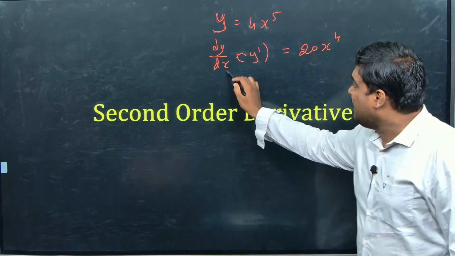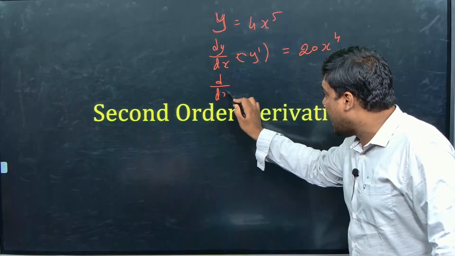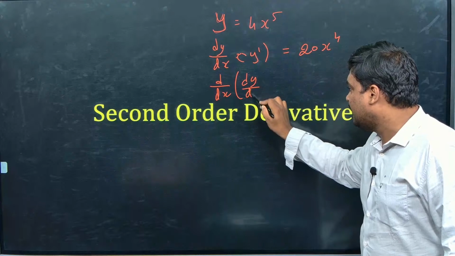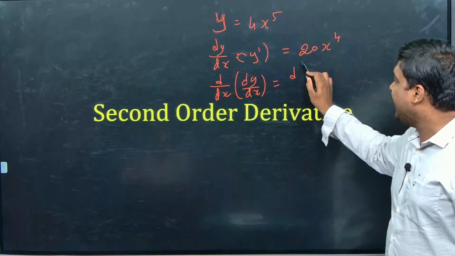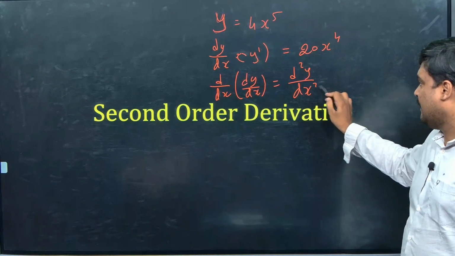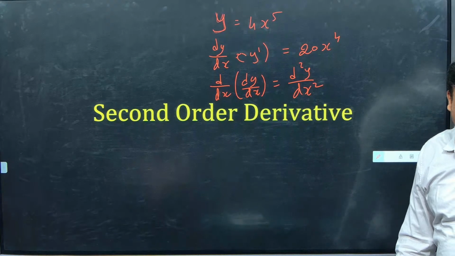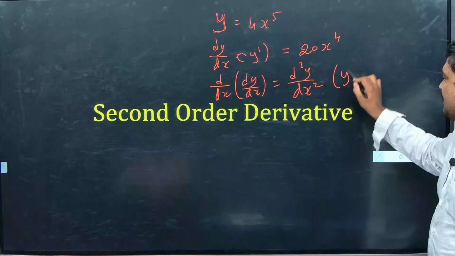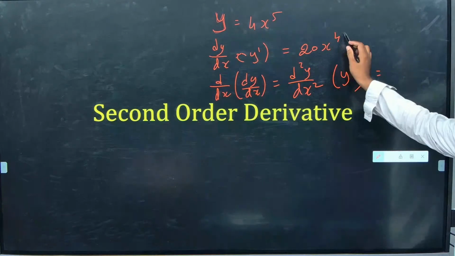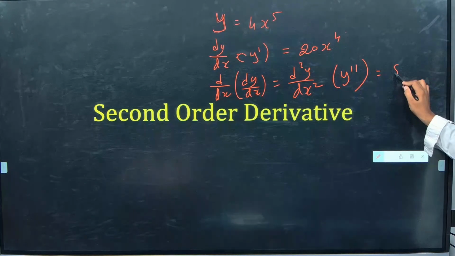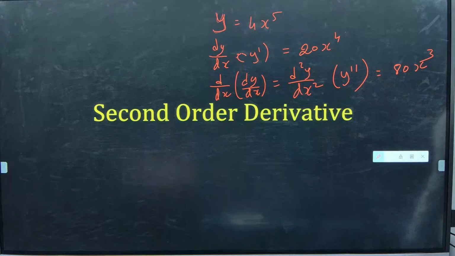Now next, d by dx of dy by dx. This will end up with d square y by dx square. We call this second order, and easily we can represent it as y double dash, which is 80x power 3.